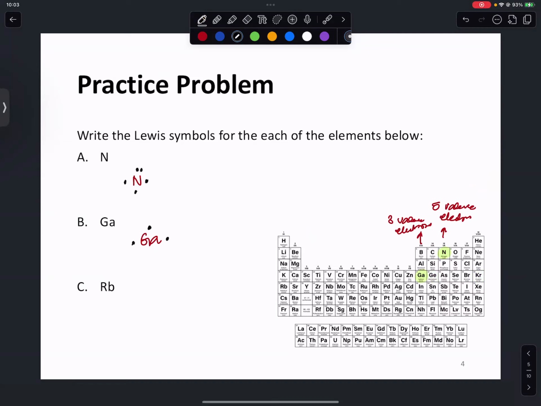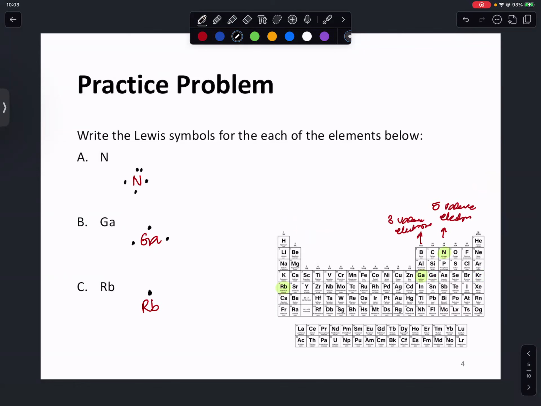The last one is rubidium. Rubidium is in group 1, here Rb, and has 1 valence electron. I hope this was clear to you.